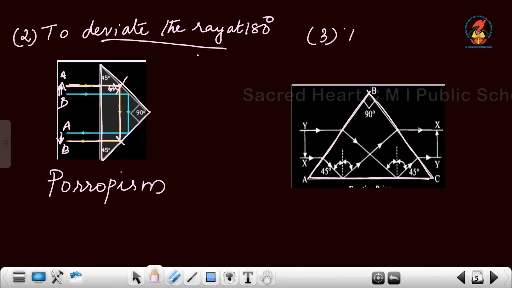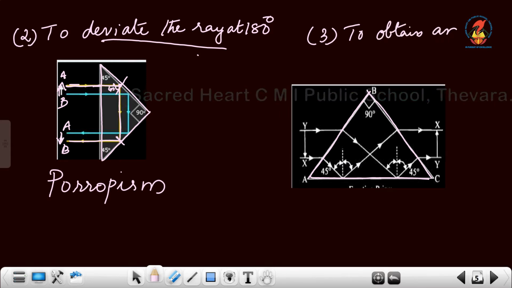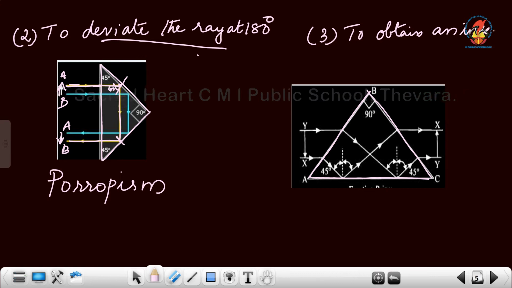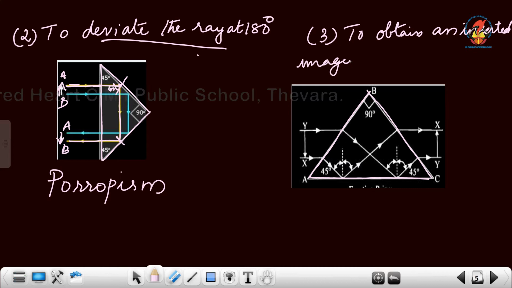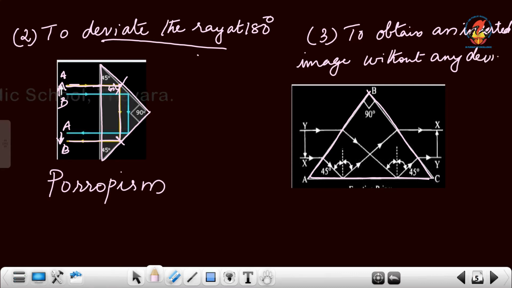Third application: to obtain an inverted image without any deviation in angle. Now this type of prism is mainly used in binoculars.